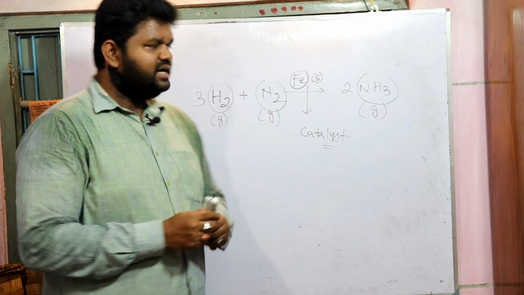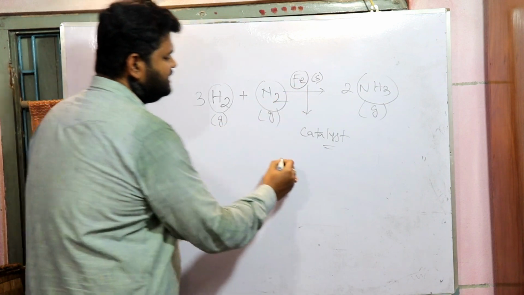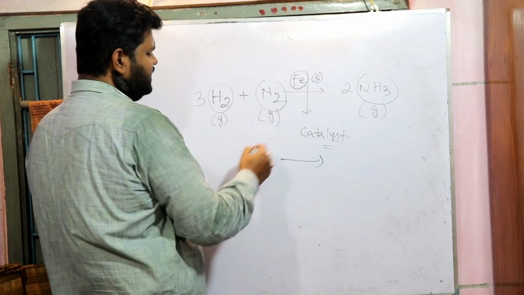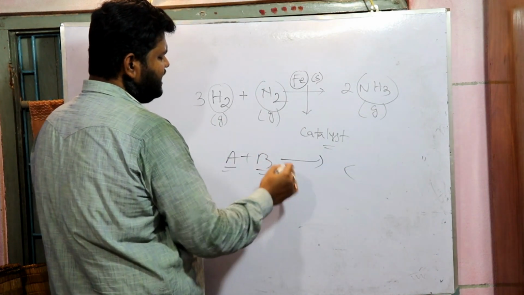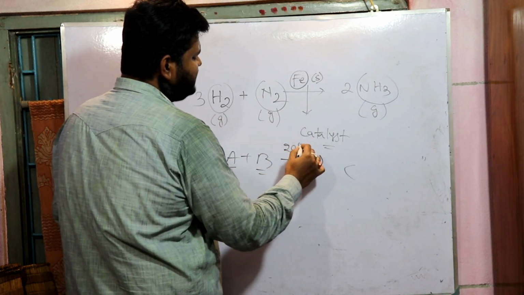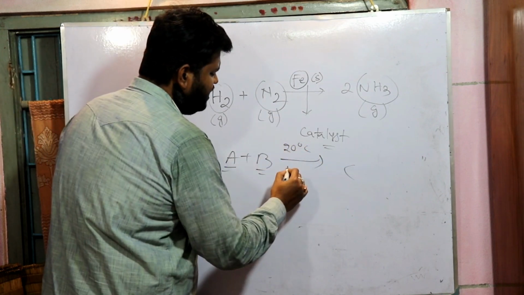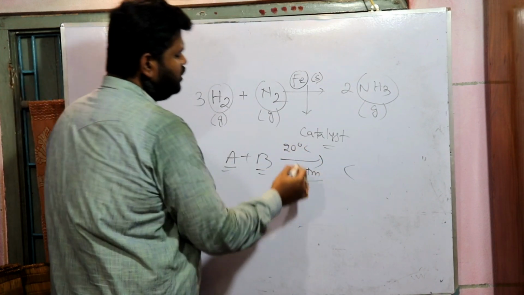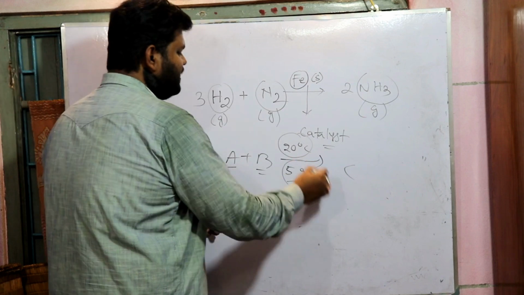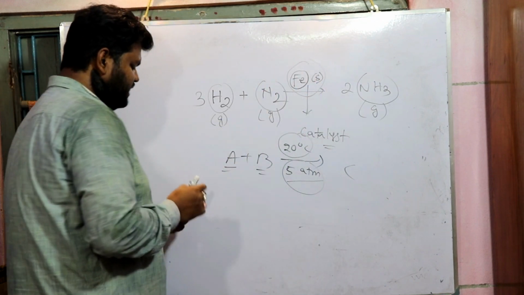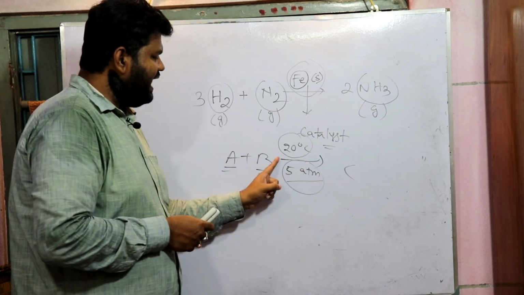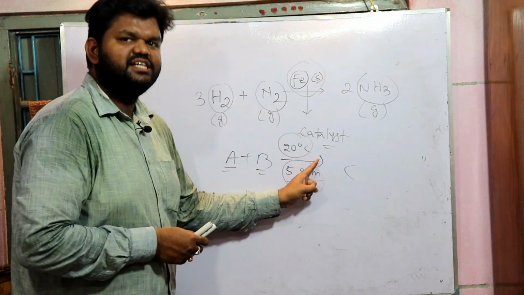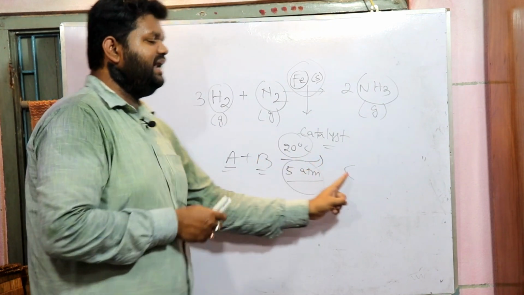Like this catalyst, suppose some reaction A plus B gives C, and for this reaction we need a temperature of 20 degrees centigrade or a pressure of 5 atmospheres. So this temperature, pressure or catalyst used in the chemical reaction should be written on the arrow situated between the reactant and the product.